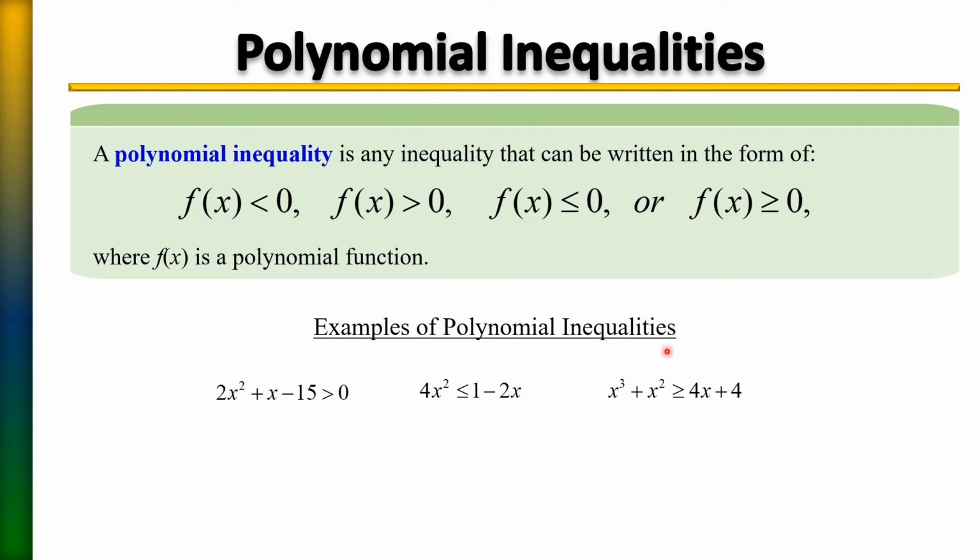Actually, both the second and the third example have terms on both sides. So before you can even solve those, you're going to have to make sure that you get all of your terms on the left side and 0 on the right side. When we get it in that form, that's a polynomial inequality that we can solve. And that's what we're going to be working on in this section.